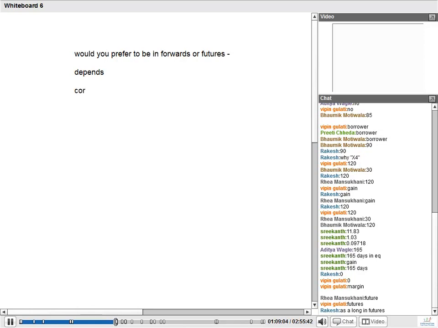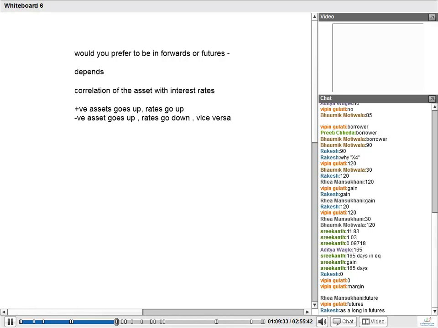It depends on the correlation of the asset with interest rates. If the correlation is positive, it means when the asset goes up, rates also go up. If correlation is negative, it means when the asset goes up, rates go down, and vice versa. Now let's see why this makes a difference. This makes a difference because of the margining requirement that I just talked about.